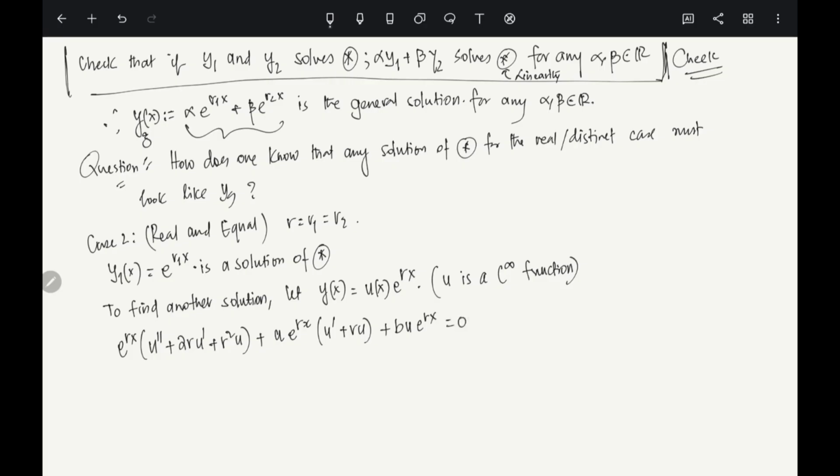Okay, so just by substituting the value of y prime and y double prime in the equation, we get this. It's a very straightforward thing, nothing special is happening here.